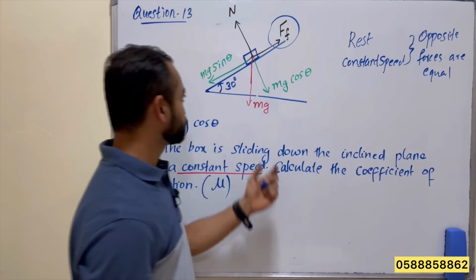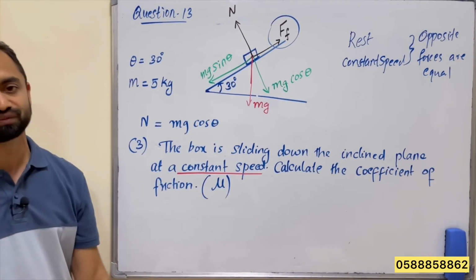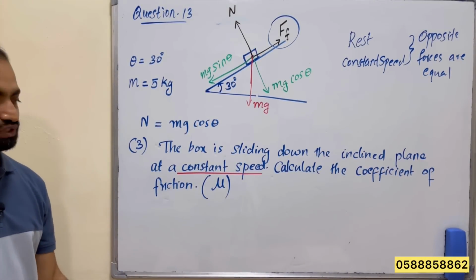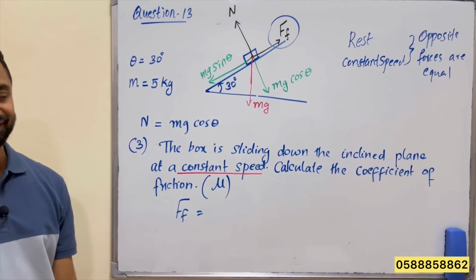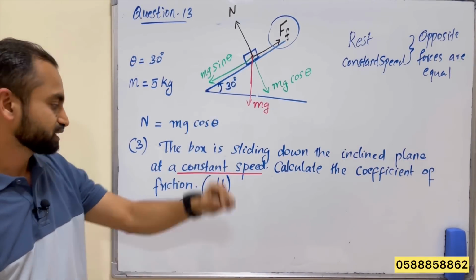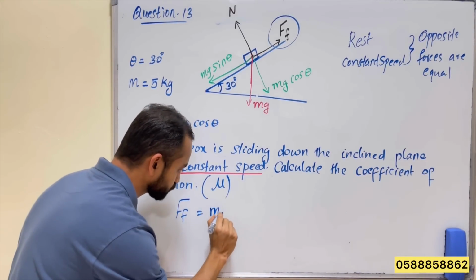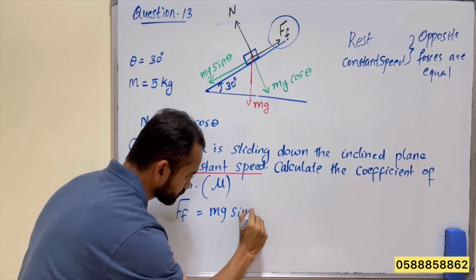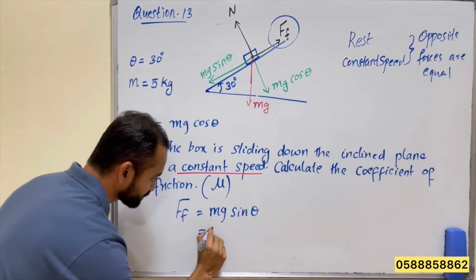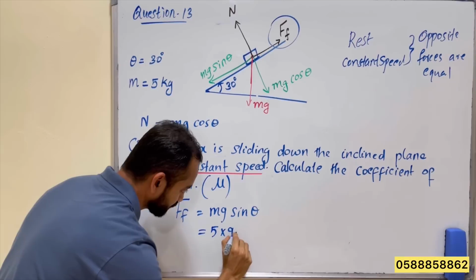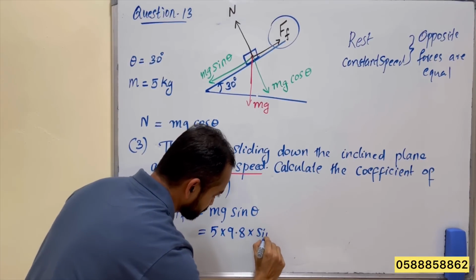So here this box is sliding down the inclined surface at a constant speed, so opposite forces are equal. So what force is opposite to friction? Mg sin theta is opposite to friction. What is m? Mass of the object, 5 multiplied by 9.8 multiplied by sin 30.